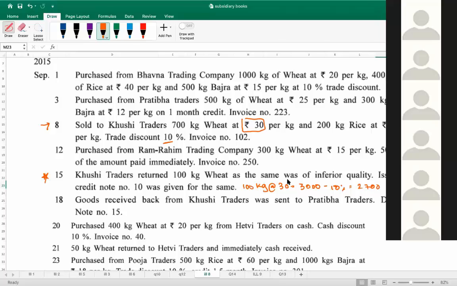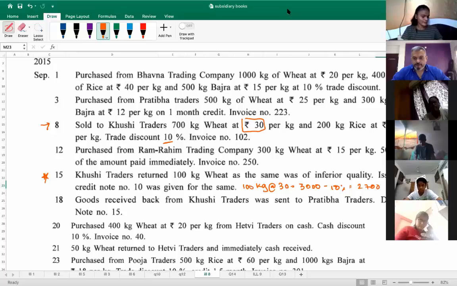Do this working in the text itself. All of you understood this working? Please don't forget the trade discount.